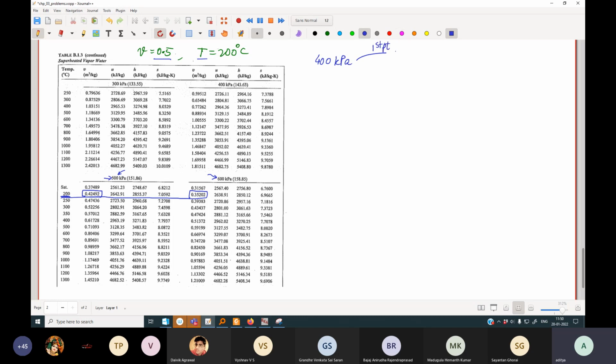So at 400 kilopascal, the first point will be that at 143.63 degrees Celsius, we have V equal to saturated vapor.